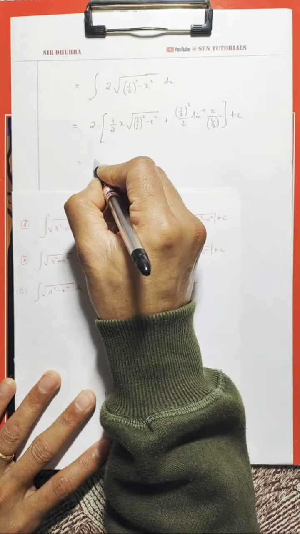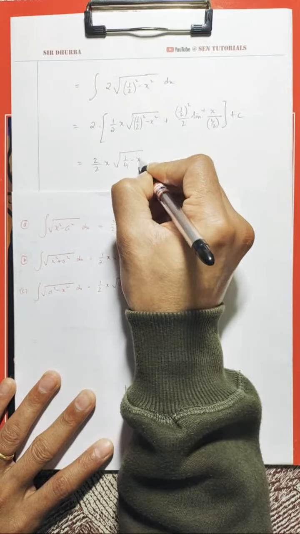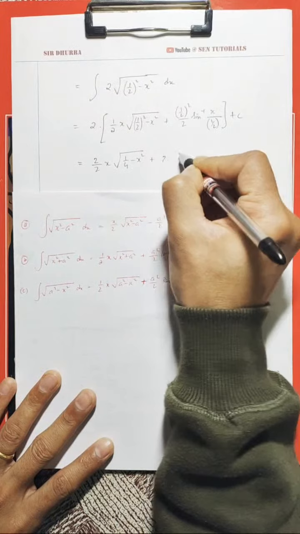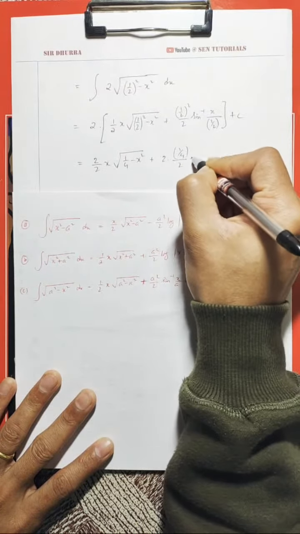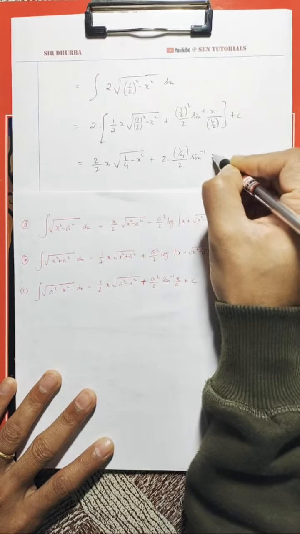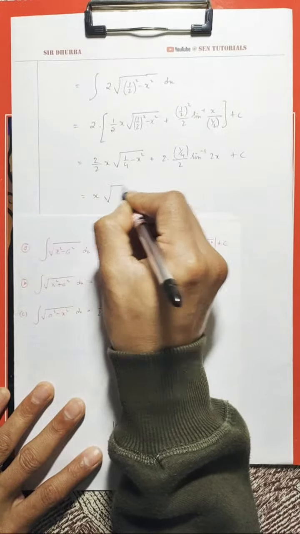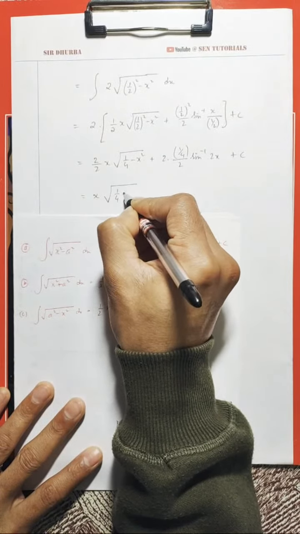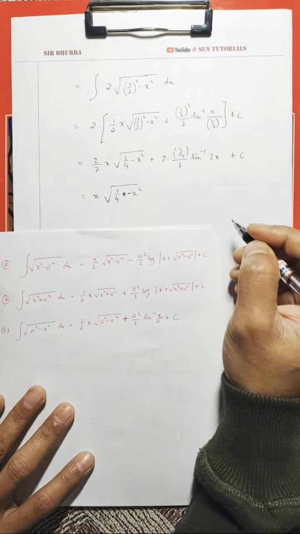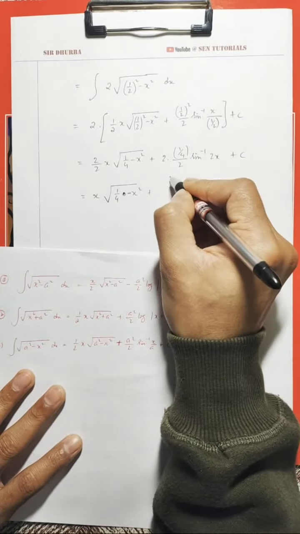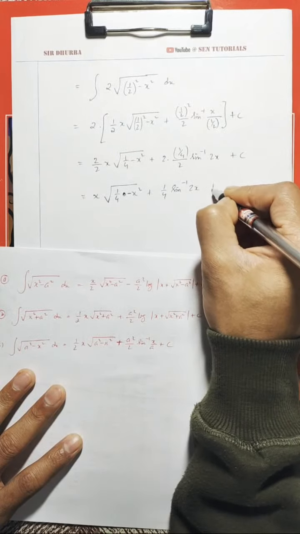So that's going to be 2 by 2 x root over 1 by 4 minus x square plus 2 into 1 by 4 by 2 sine inverse 2x plus c. So that's x root over 1 by 4 minus x square plus 2 to cancel, 1 by 4 sine inverse 2x plus c.